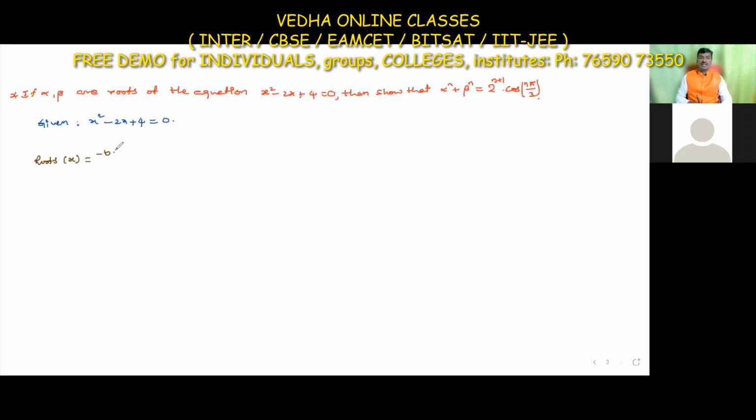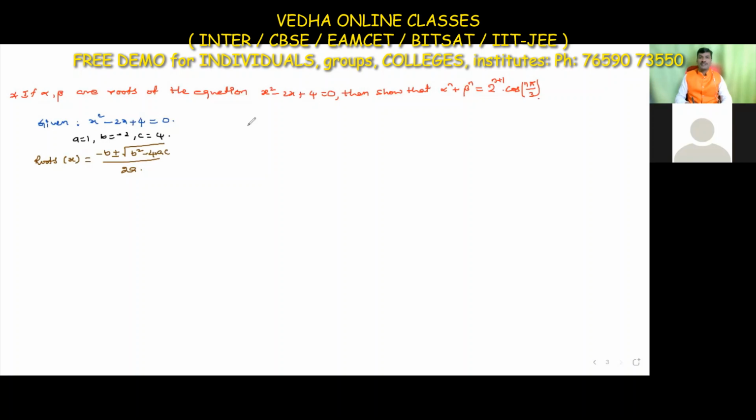That is minus b plus or minus under root of b square minus 4ac, divided by 2a. So here, what are the a, b, c values? The x square coefficient a is equal to 1, the next coefficient b is minus 2, and the constant c is equal to 4.